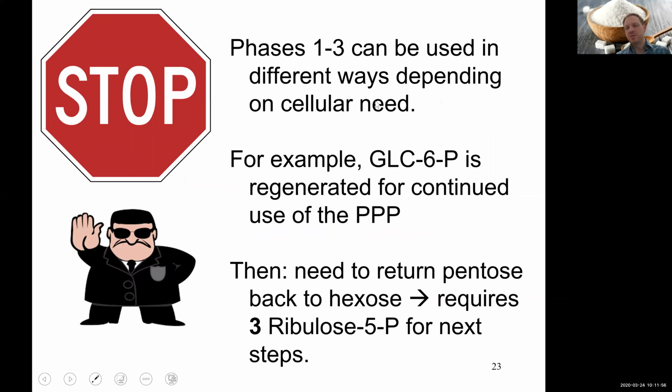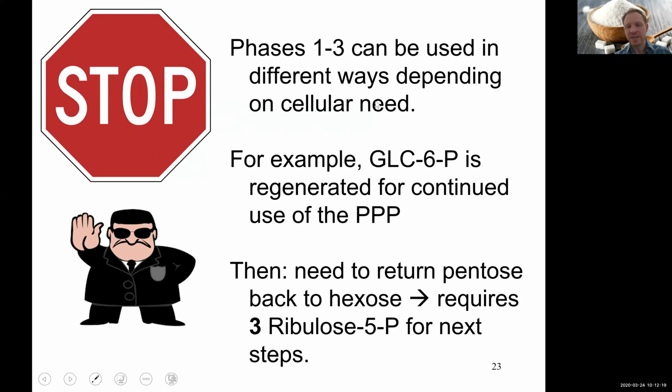All right. So now that we have seen the oxidative phase, we want to start thinking about different cellular needs and how this all can work in conjunction. If you just want to make NADPH, so if you want to simply produce reducing agent, you need to regenerate the glucose 6-phosphate. So we want to run this as a cycle now.